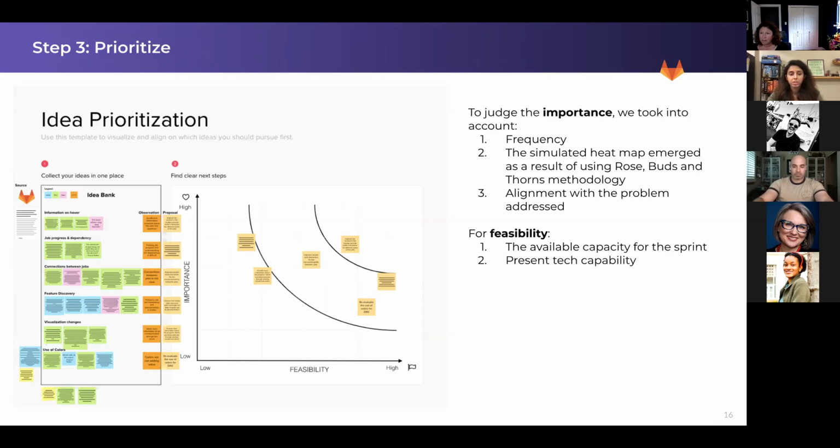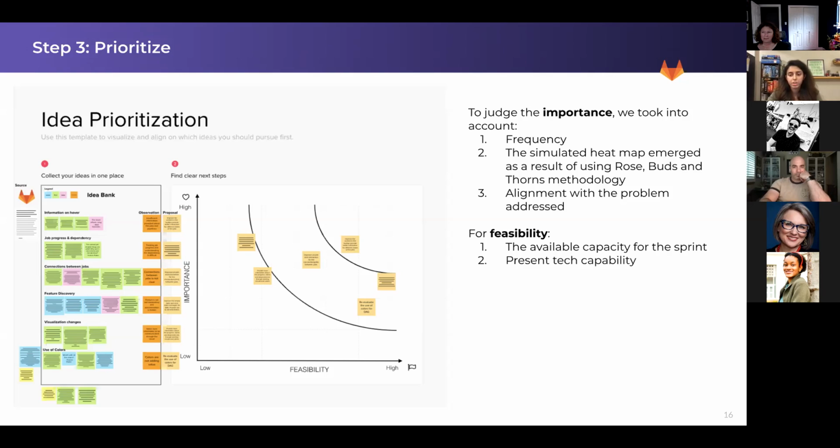The second was the simulated heat map that emerged as a result of using roses, buds, and thorns. If you look at those colors, they suggest which groups were most disliked or which people were most displeased with, so those had to be improved on priority. The third was the alignment of those suggestions with the problem that we are trying to address.